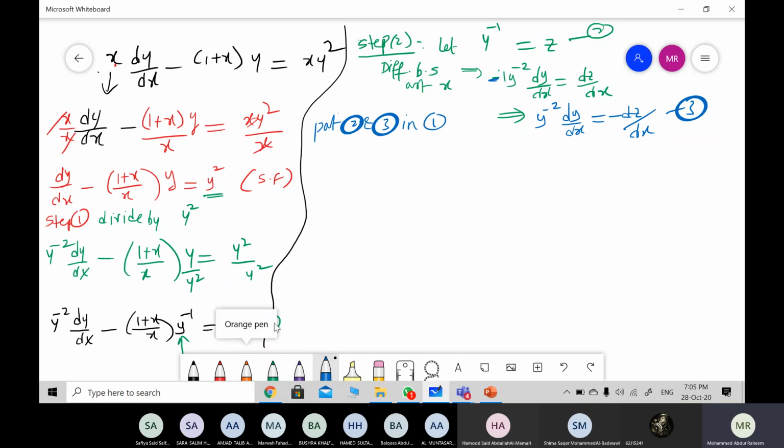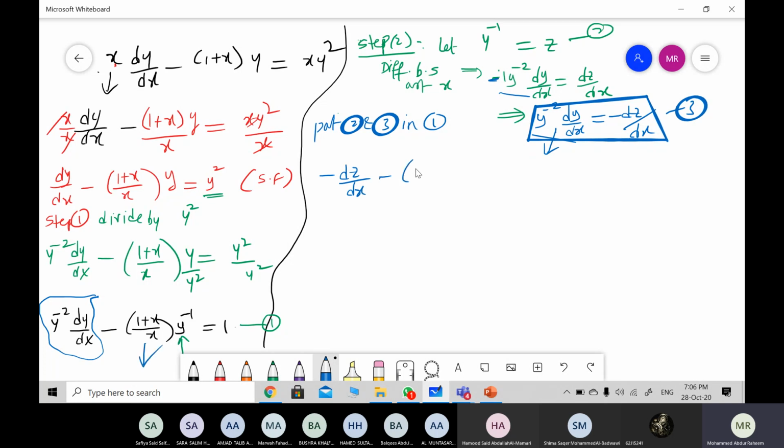How much? It will go here, see. This minus, this same, but this y power minus 1 is only targeted as how much? Z. This Z.